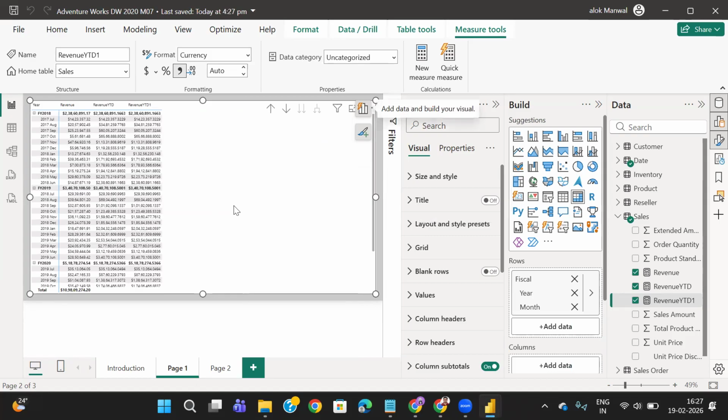If you are not able to understand the DAX as of now, that's okay. But you should be able to understand the concept. And the concept is about running total. What is the running total basically? Running total is, if we are going to calculate it on the basis of year, what should it give me as a result?